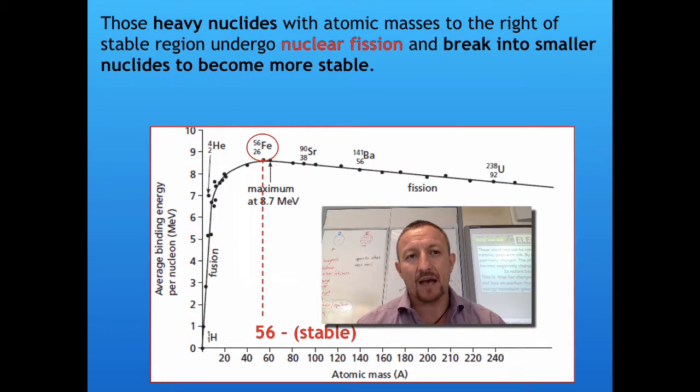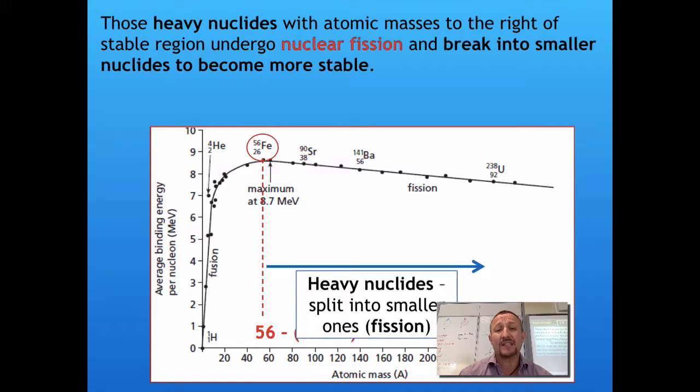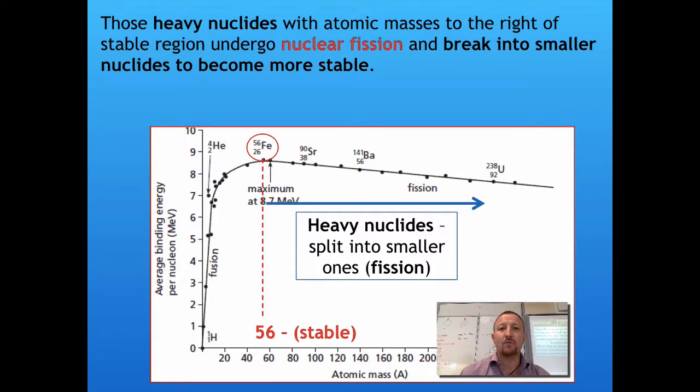Anything which is heavier than iron-56 will undergo fission, and that means it's going to break into smaller particles which will make new elements. Basically the nucleus will split into two, and the combination of the number of protons and the number of neutrons will make up those new elements.